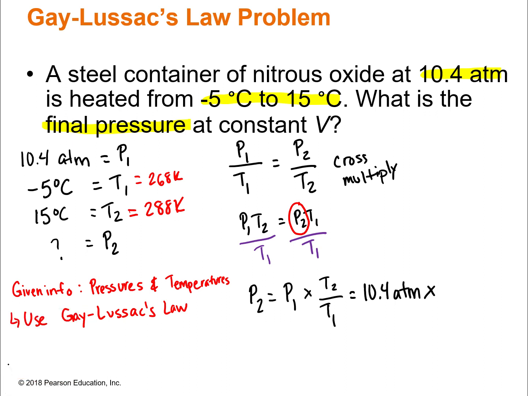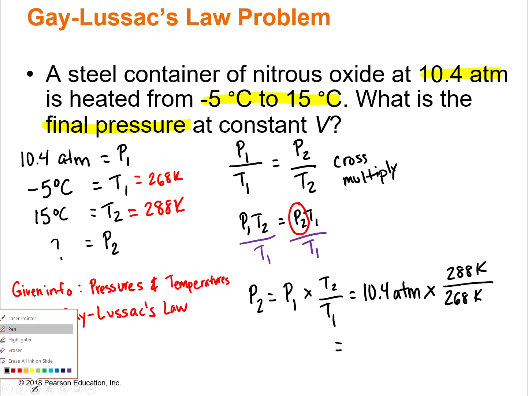Now we can substitute those into our equation. T2 is 288 Kelvin. T1, 268. The units cancel. We know that we're getting atmospheres.